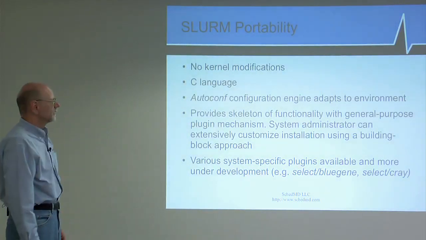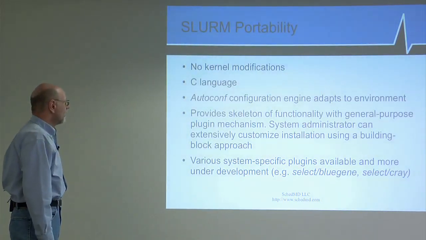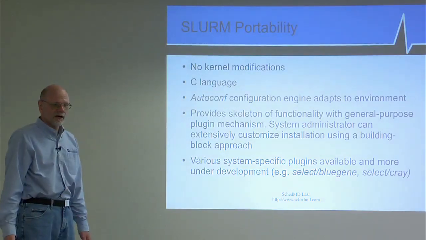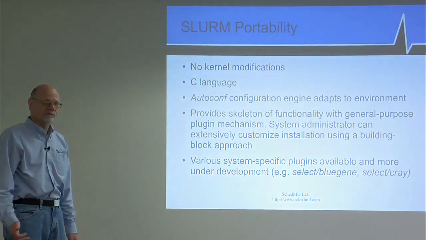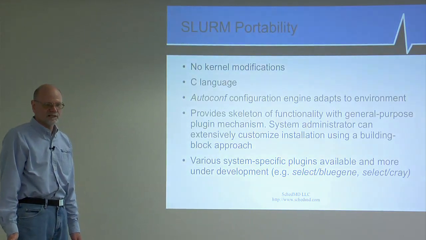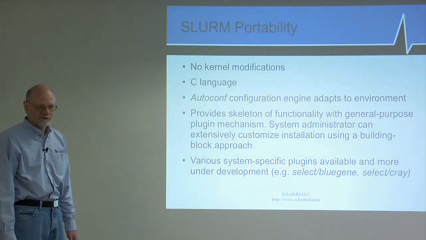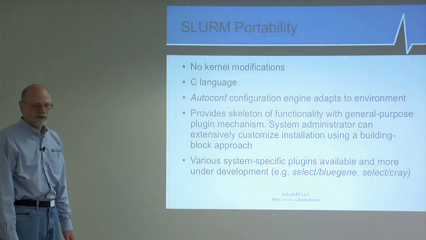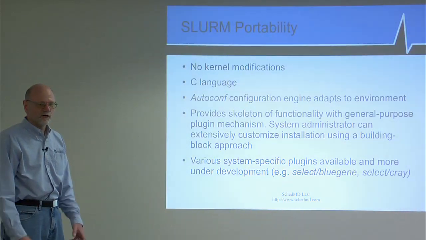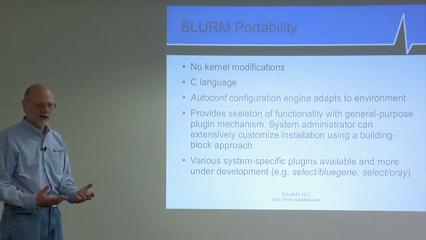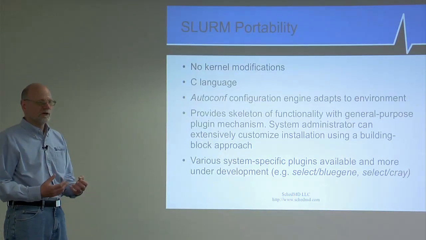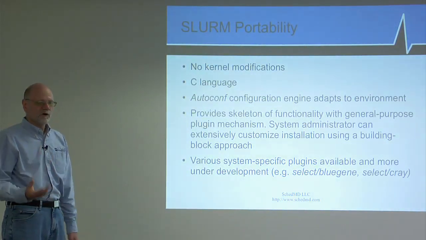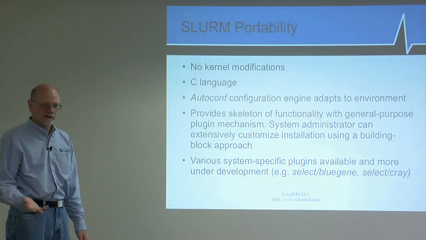Getting into the portability a little bit more, no kernel modifications required. Well, 99% of it is written in C, and we follow the Linux kernel coding standard. It uses autoconf to adapt to the local environment. So, for example, when somebody wanted to port Slurm to Open Solaris, we didn't do that.